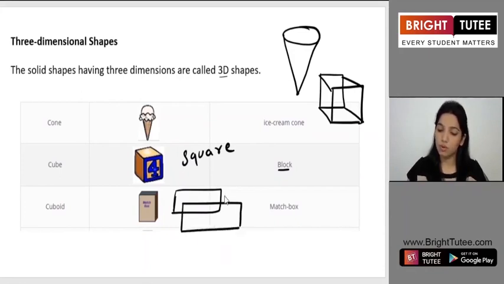So this is a cuboid, and if we join all these vertices and faces together, this is the kind of shape that is observed. This cuboid is similar to a matchbox, or even the pencil box that you have with you. Such shapes are usually cuboid in shape.